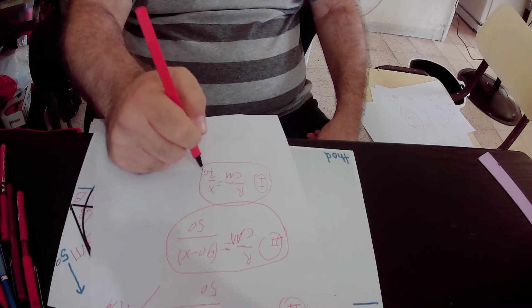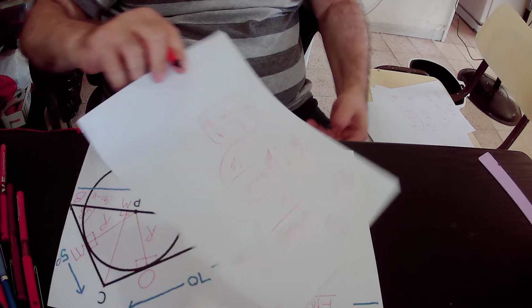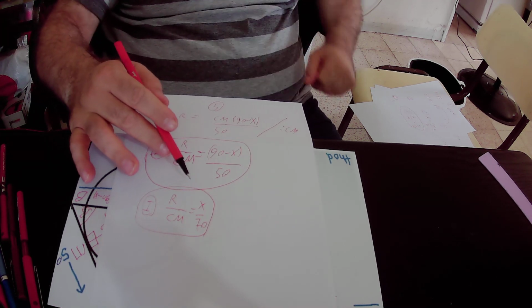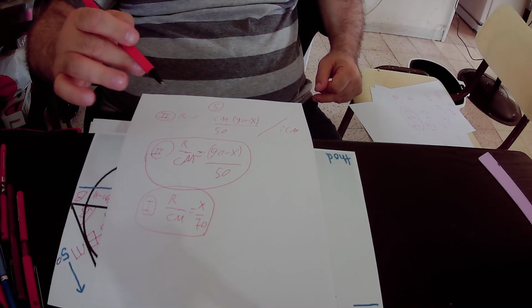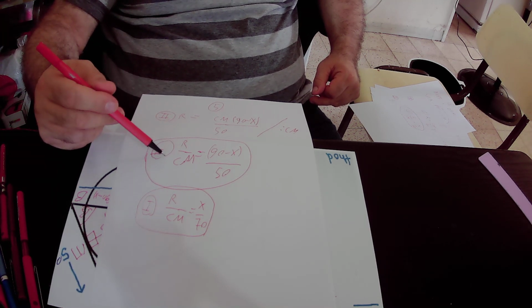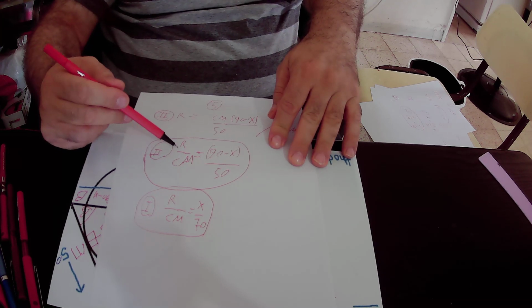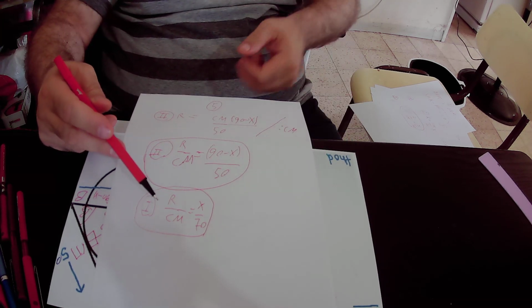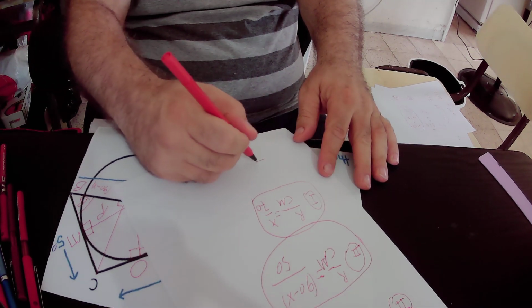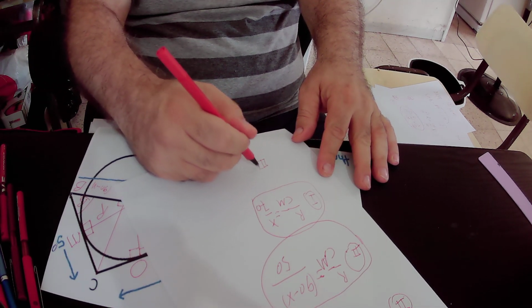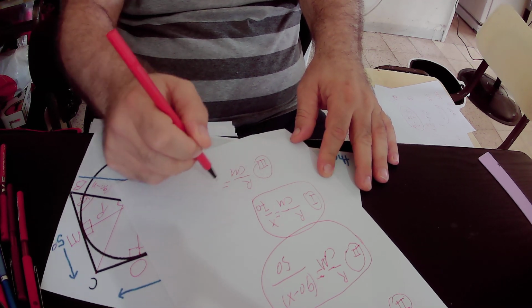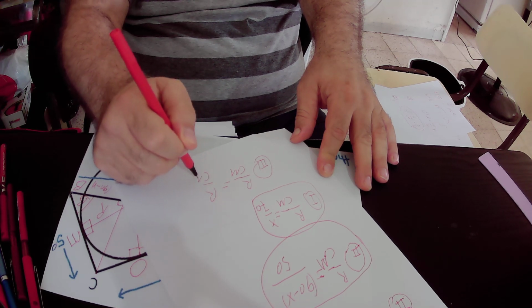Again, our first equation is R over CM equals x over 70. So we'll create the third equation, that is to say, x over 70 equals 90 minus x over 50.